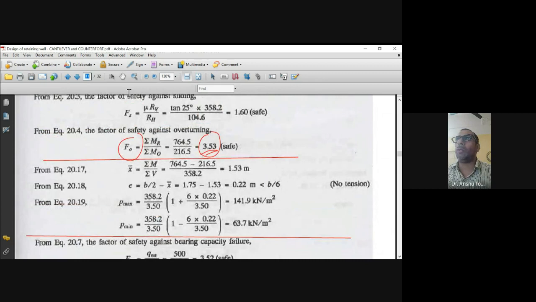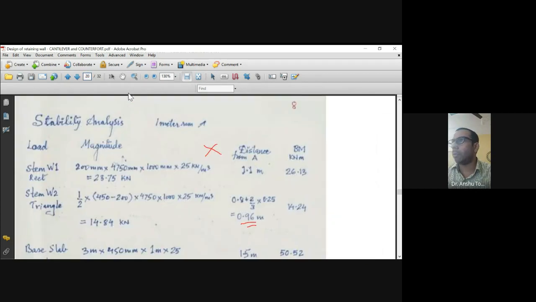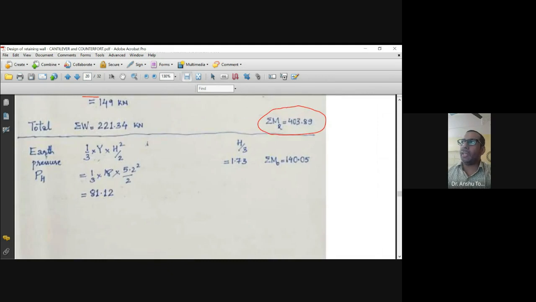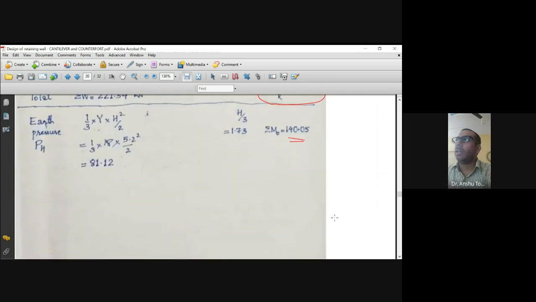So let us go back to our numerical. So we have seen that M0 in our case is coming 140 and MR is coming out to be 403. So it is close to 3 times.